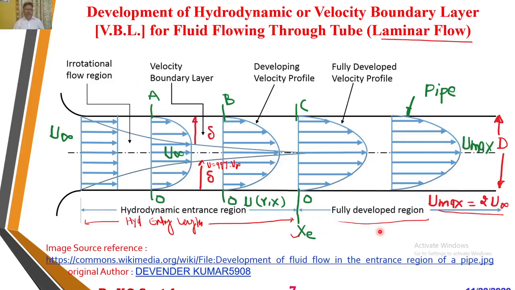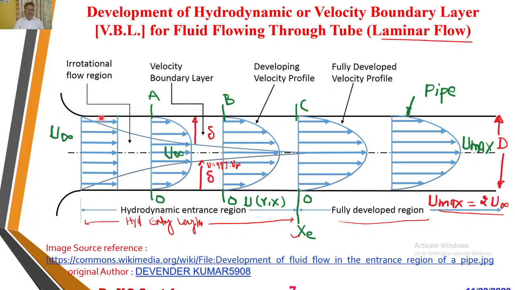So let us start our discussion of the development of the hydrodynamic or velocity boundary layer, in short called VBL, for a fluid flowing through a tube, particularly when the nature of flow is laminar.